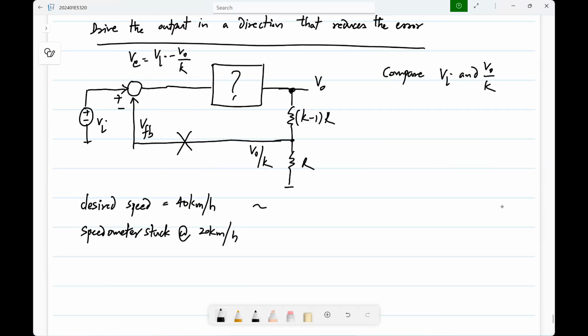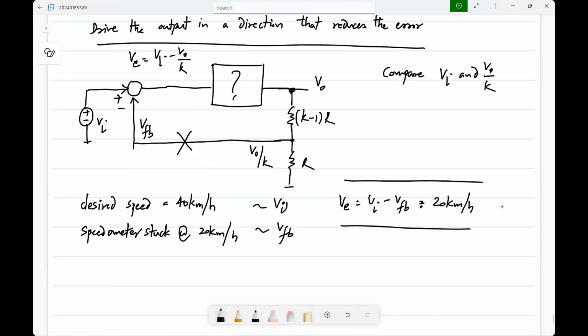So this is analogous to the input and this is analogous to the feedback quantities, right? So the error is constant.